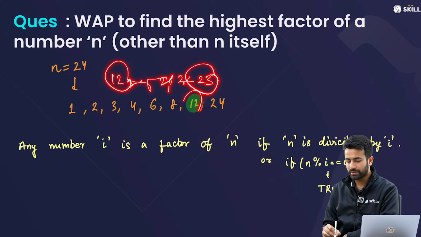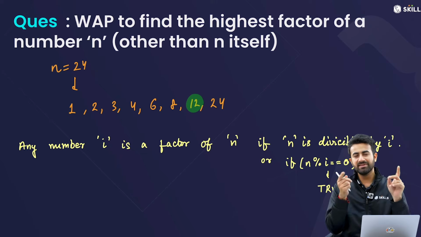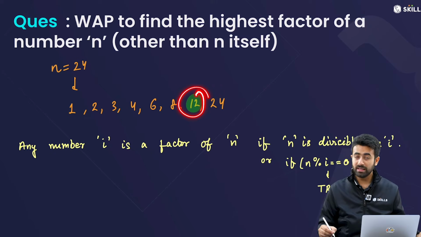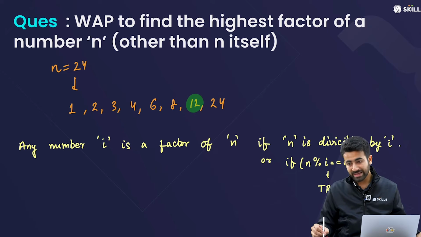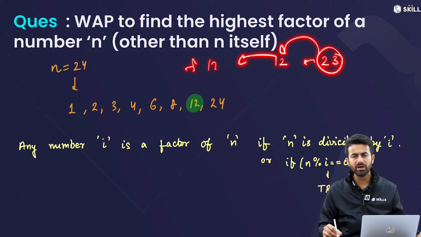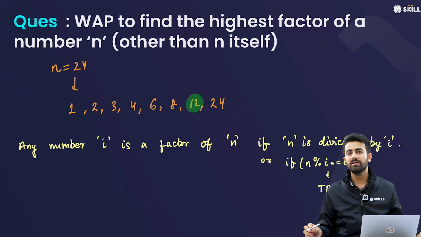I found a factor. This has to be the highest factor because I'm starting from the reverse direction. As soon as I find a factor, the loop should run from 23 to 12 only, not 12 to 1. It is not required. So the break statement is useful over here.